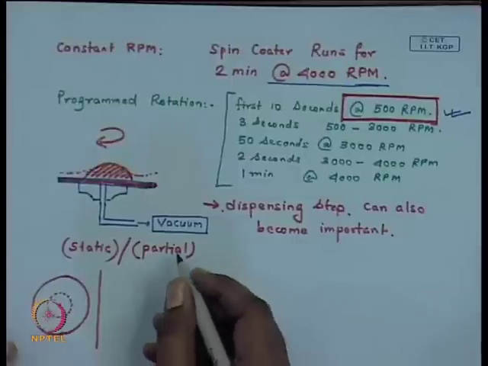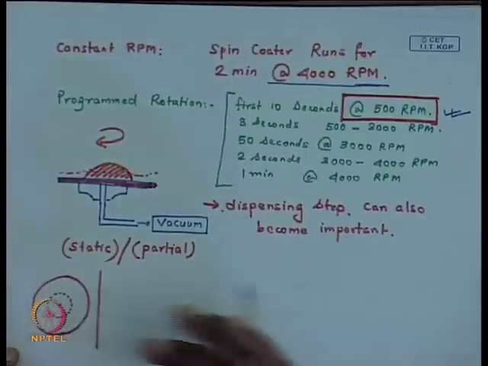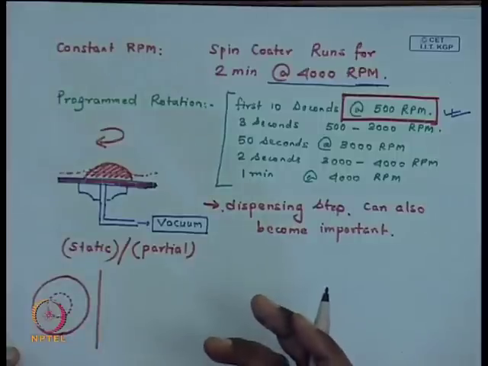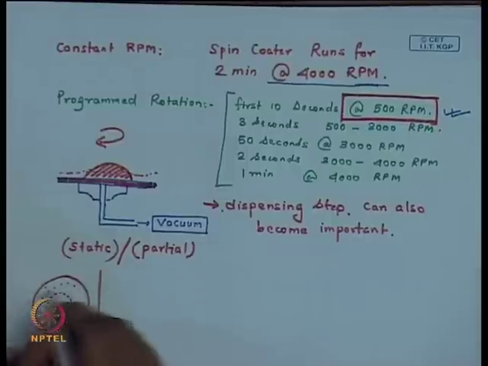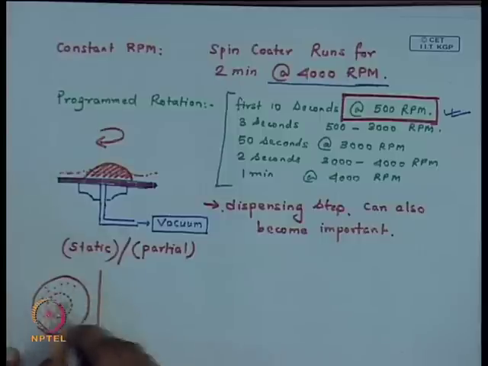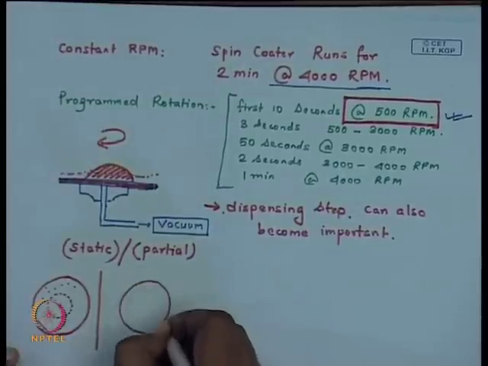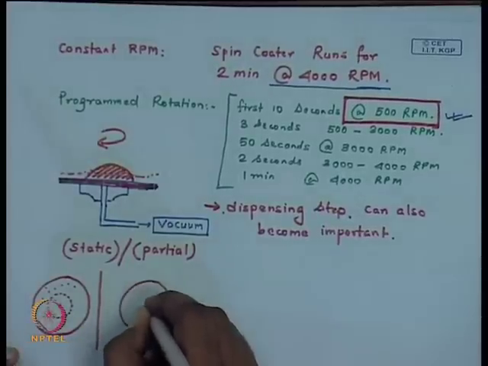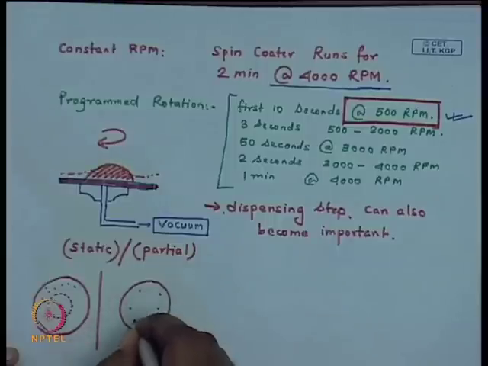The other possible mechanism can be, you do have a static coater, the coater is in a static condition, but during the dispensing step itself you try to spread or raster your syringe in such a fashion that the entire wafer is covered with the solution. So, instead of dispensing simply at the center, you dispense first drop here, second drop here, and the drops relatively spread.